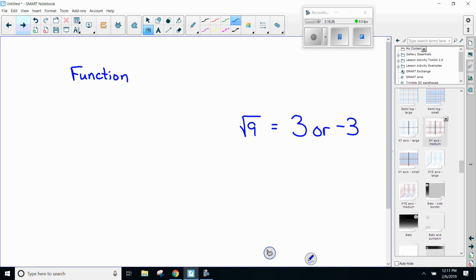But when you type it in on your calculator, what's your calculator going to give you for an answer? 3, because it's been programmed to give you the positive values. But really, you could have a -3 as an answer. Just unfortunately, it's been programmed that if you want the negative answer, you have to put the negative sign in front of the square root of 9 so that you get an answer of -3. And really, the answer of this would be -3 or 3.